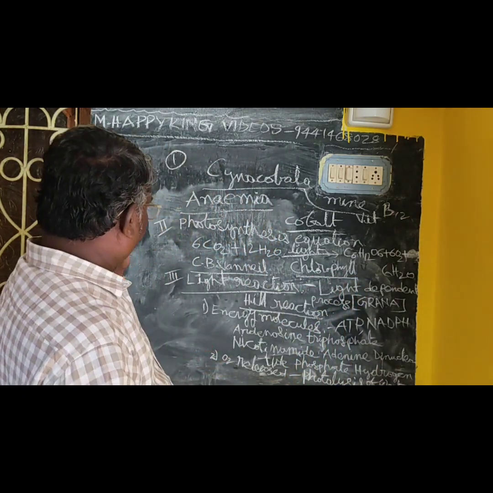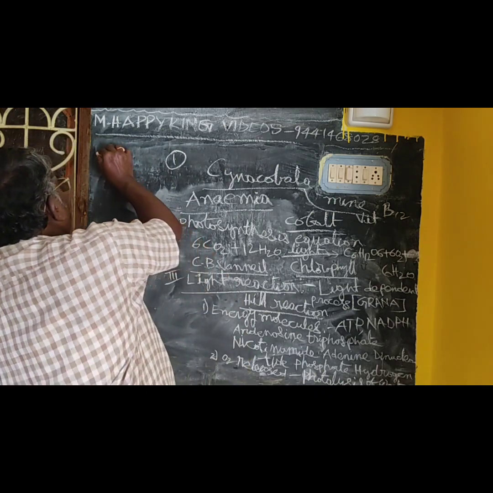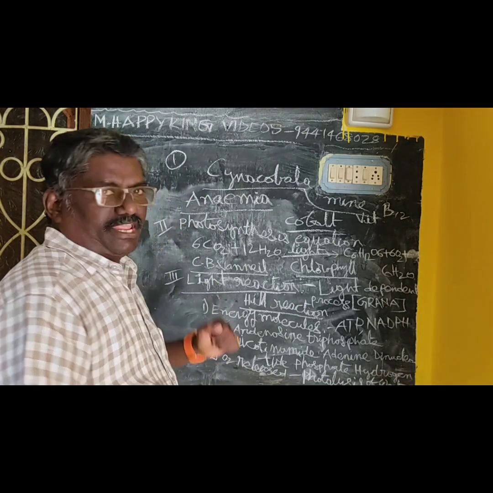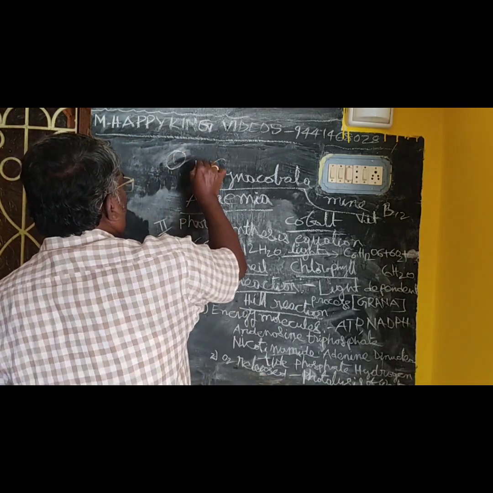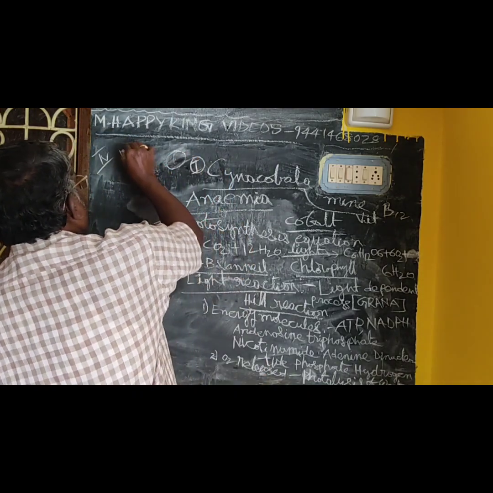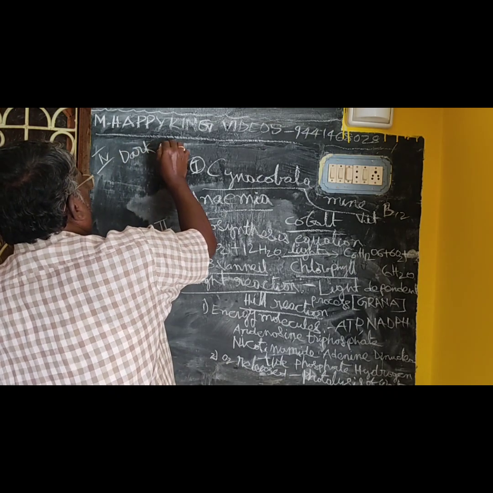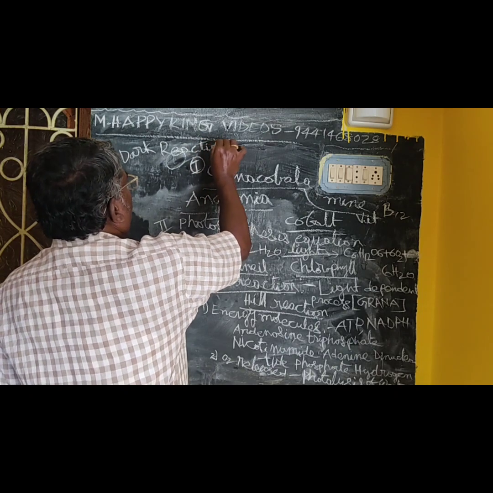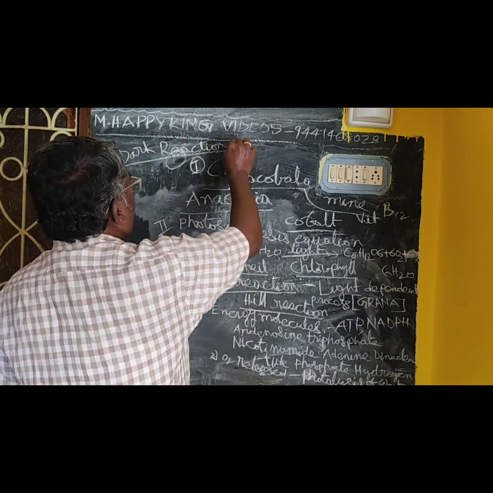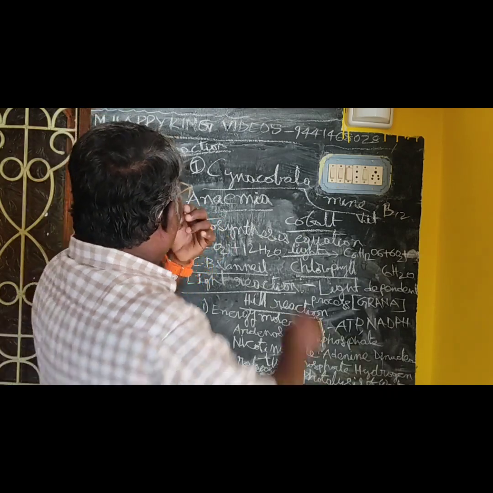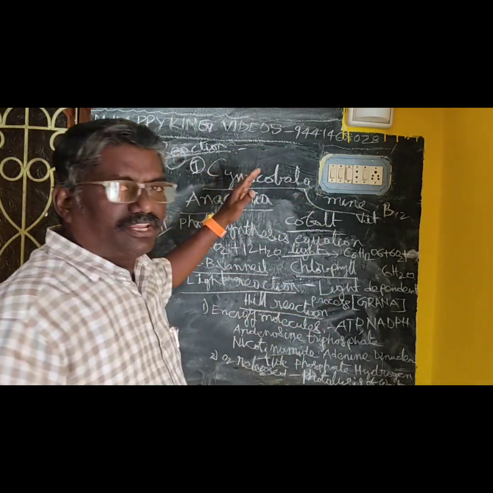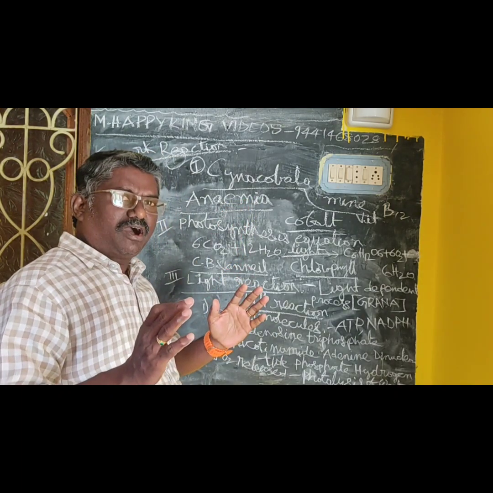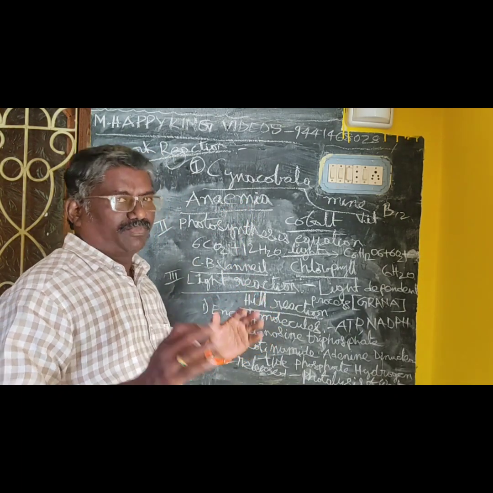The fourth one, dark reaction. This dark reaction occurs in the stroma of the chloroplast.